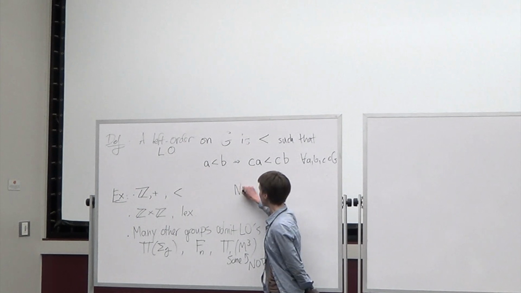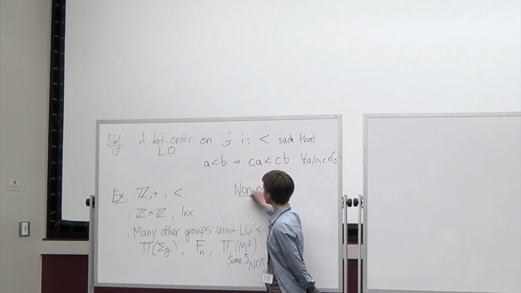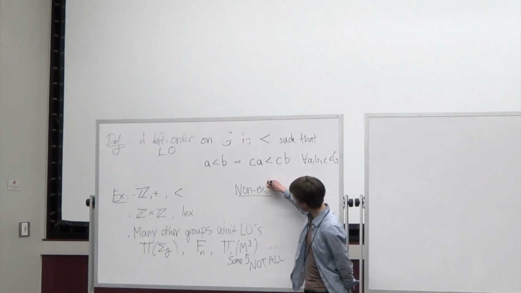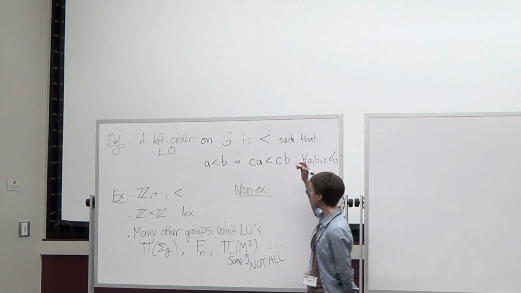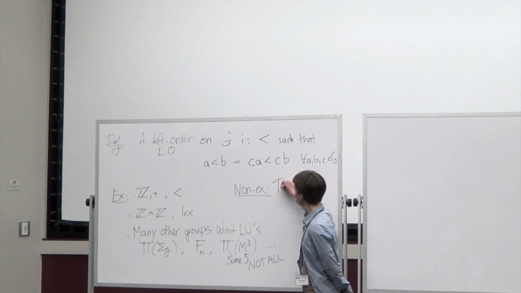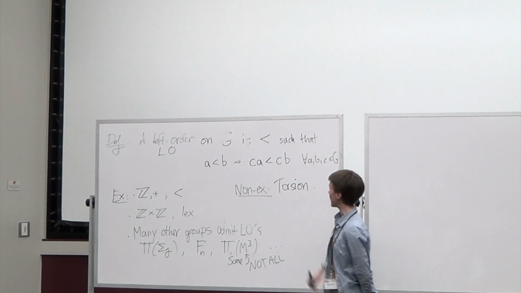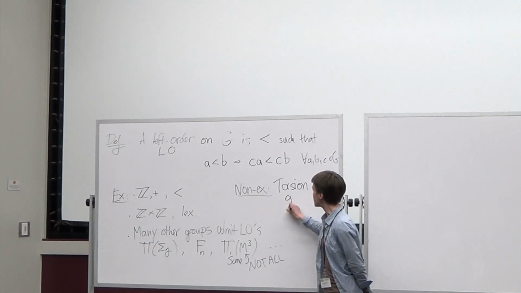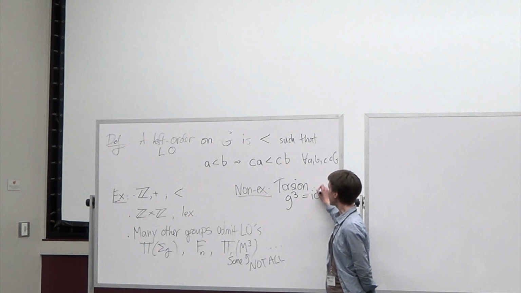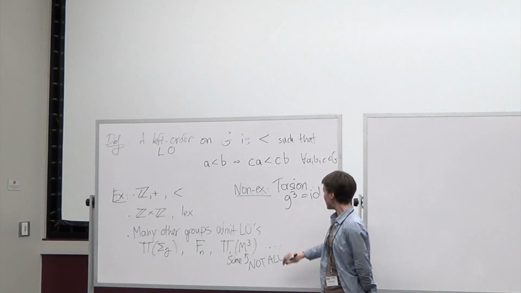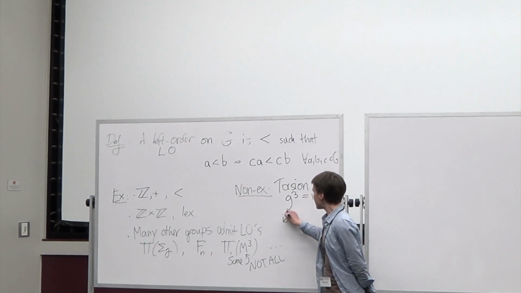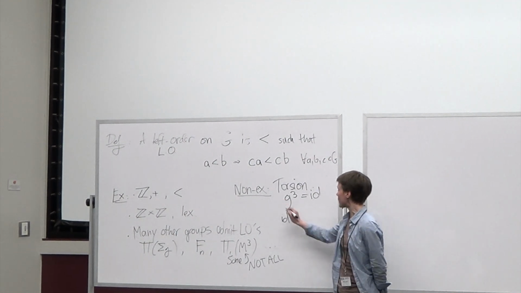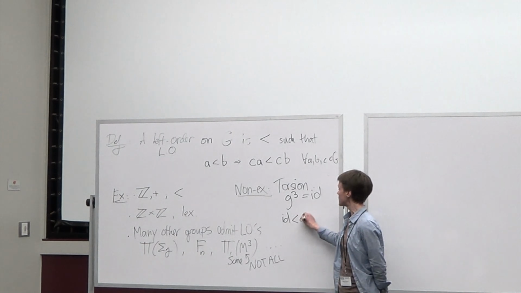Let's do a non-example. What is an obstruction to left orderability? Here's an easy obstruction: any group with torsion. Because for example, if I had some finite order element in my group, like, I don't know, G cubed was equal to the identity, then if I had a total order of my group, the identity would either be bigger or less than G. Let's pretend it's less.